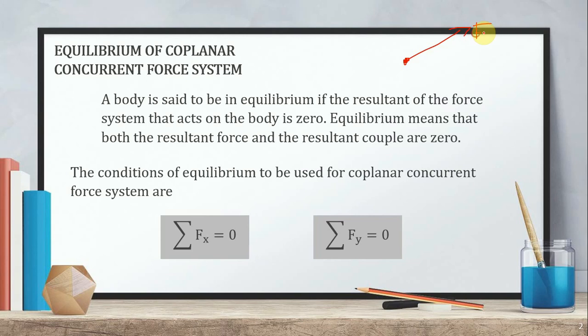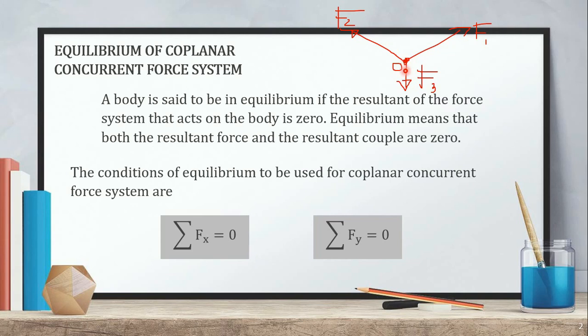Di ba? Pag sinabi natin coplanar concurrent force system, ito 'yon. Tawagin natin itong F1, ito is F2, ito is F3. Sample lang ito. Bakit dalawa lang 'yan? Tawagin natin itong point O. Pag nag-summation of moment tayo at point O, by the way, this is a concurrent force system because yung all forces natin is mag-intersect in a single point.